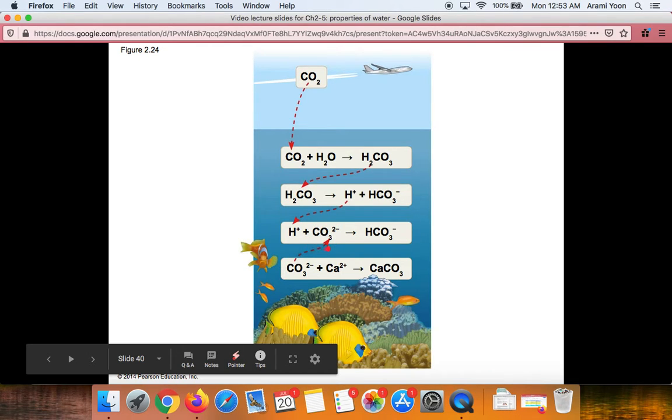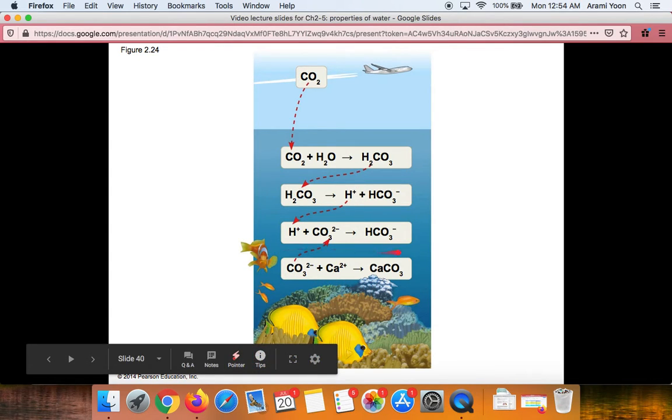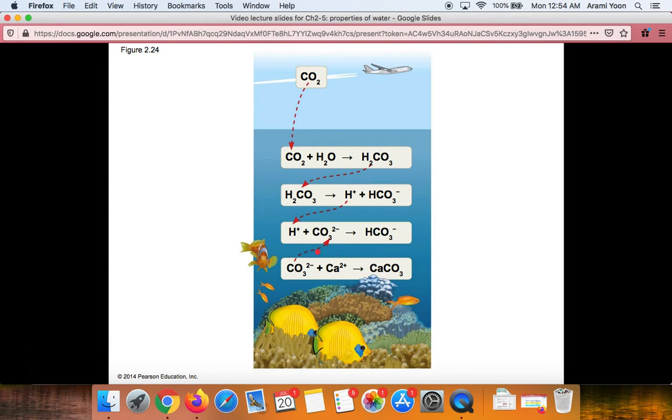These carbonate ions can then interact with hydrogen ions in the ocean to form the bicarbonate ion. And so while on the one hand you have carbon dioxide that's acidifying the ocean by producing hydrogen ions when it reacts with water, you also have these carbon shells that can interact with the hydrogen ions to form bicarbonate, which then reduces the acidic content of the ocean, keeping it neutral and basically buffering the harmful effects of carbon dioxide.